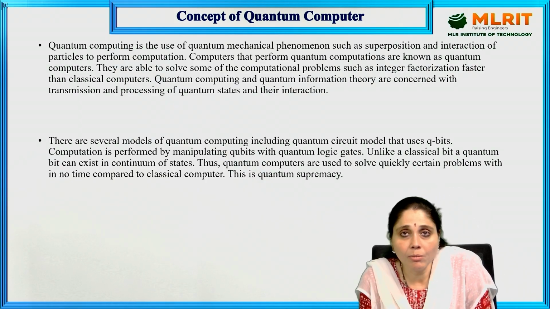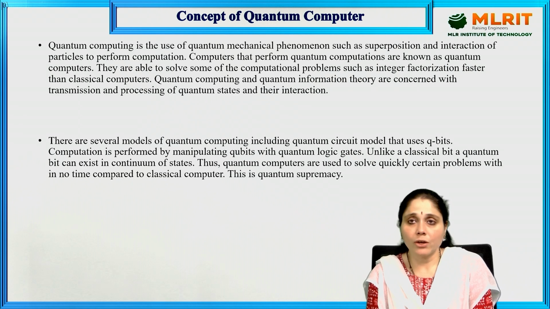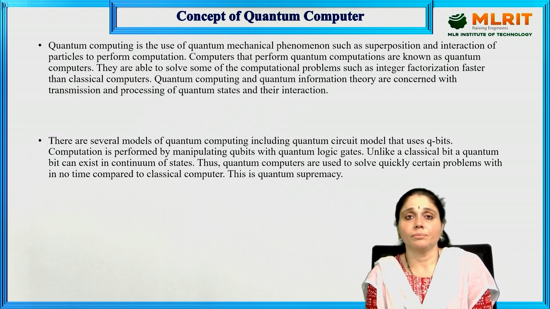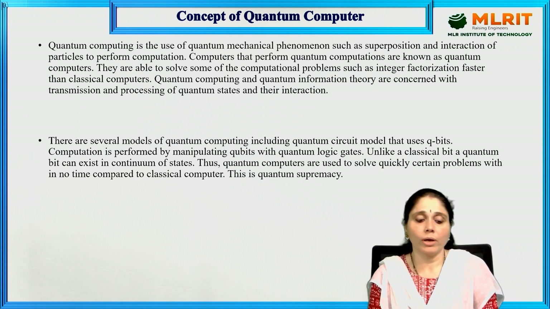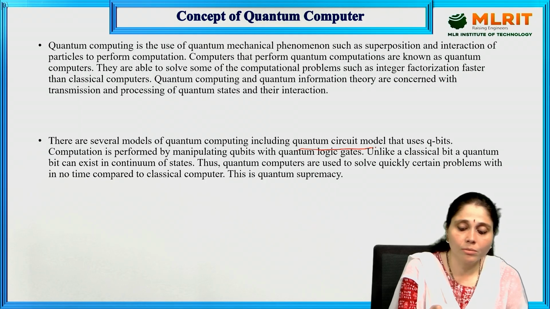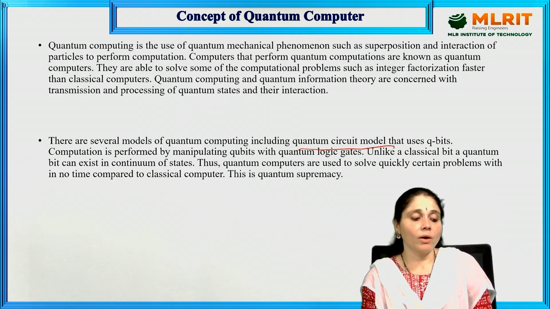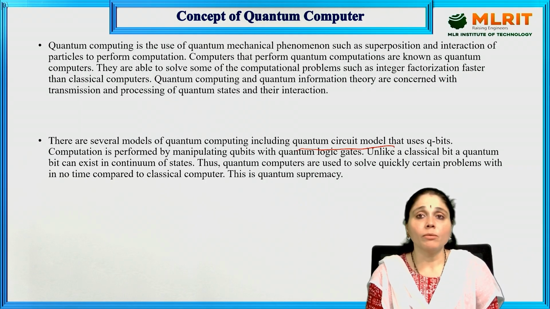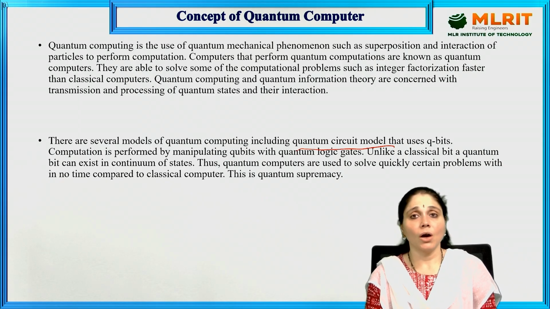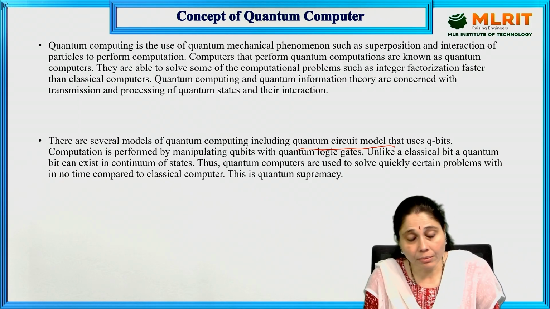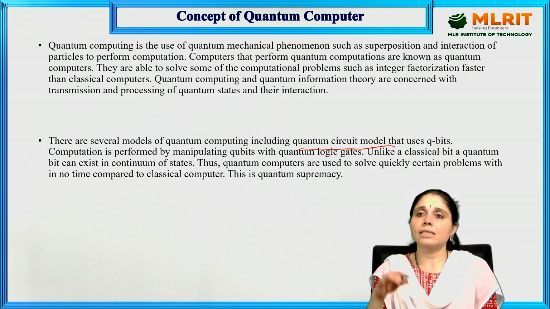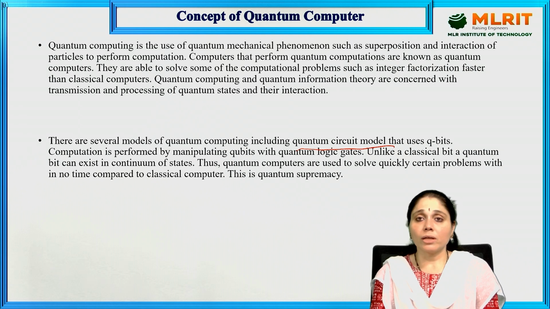There are several models of quantum computing, including the quantum circuit model that uses qubits. Just remember this one, the quantum circuit model. Computation is performed by manipulating qubits with quantum logic gates. Unlike a classical bit, a quantum bit can exist in a continuum of states. Thus, quantum computers are needed to solve certain problems quickly compared to classical computers.